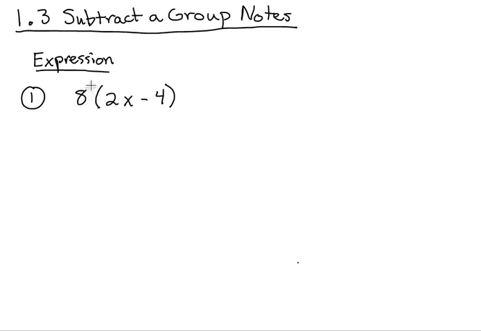So our easy way of thinking about it is the distributive property, taking that times 8. Remember, it's a hidden multiplication there. So a times 8, and distribute that out to the 2x and the negative 4. We need to make sure that we get it to the second term also.